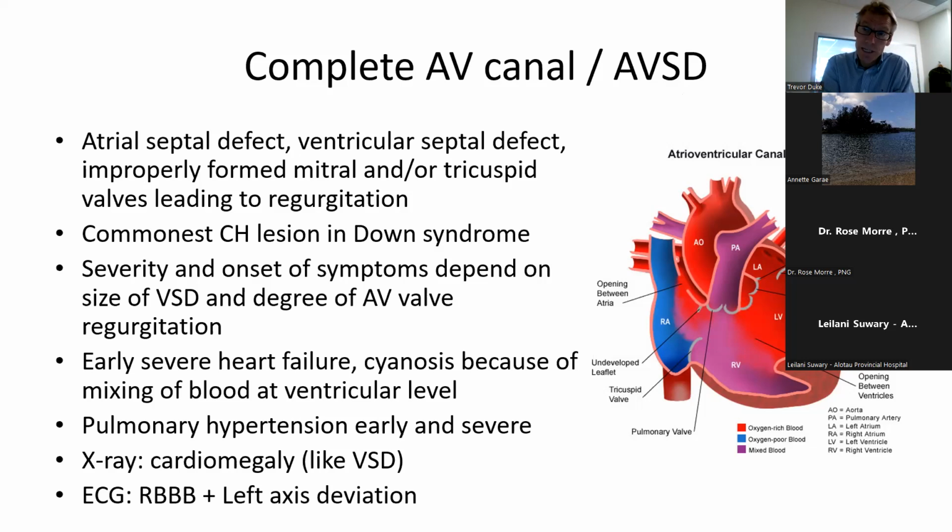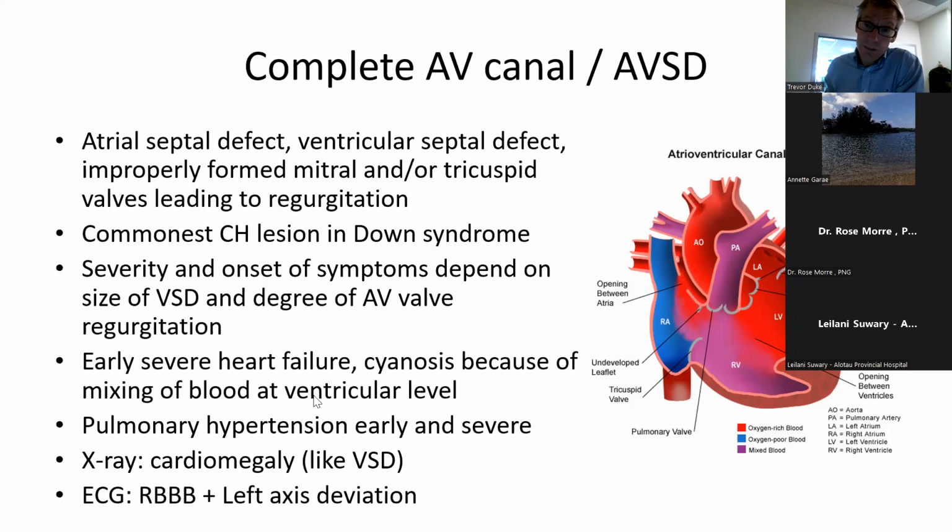A complete AV canal or an AVSD is an uncommon form of heart disease in non-Down children. So rarely do you see it in otherwise normal children, but typically in children with Down syndrome. These children present early because they've got a very large VSD and they've got mitral regurgitation as well. So there's an abnormality of the mitral and the tricuspid valves.